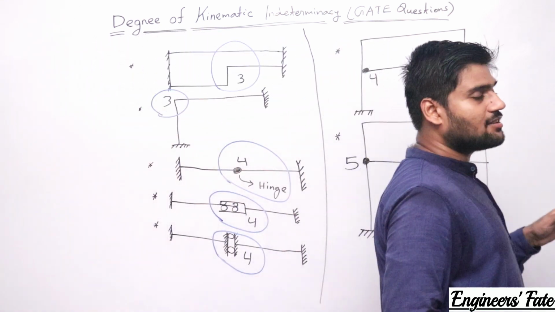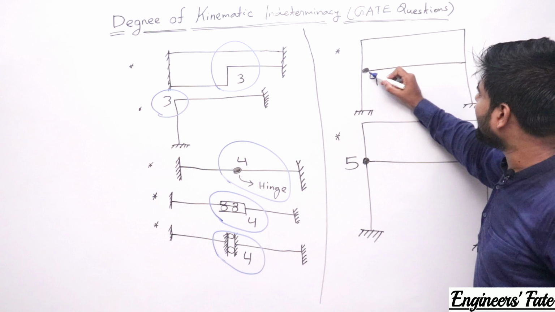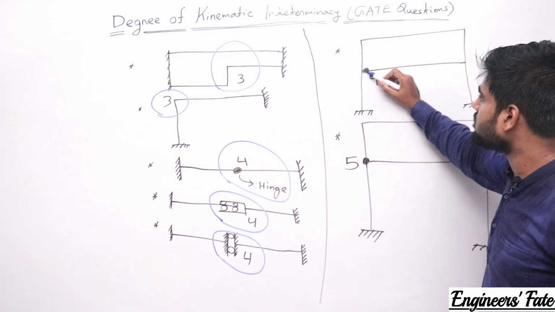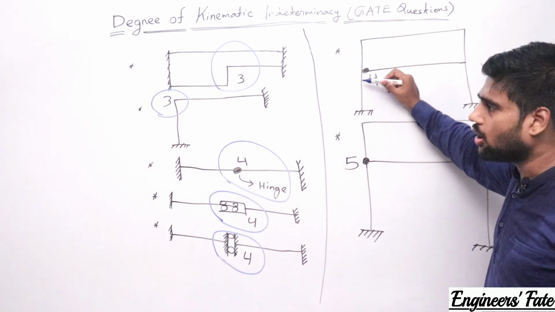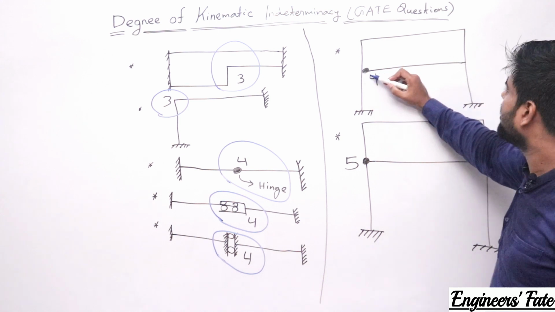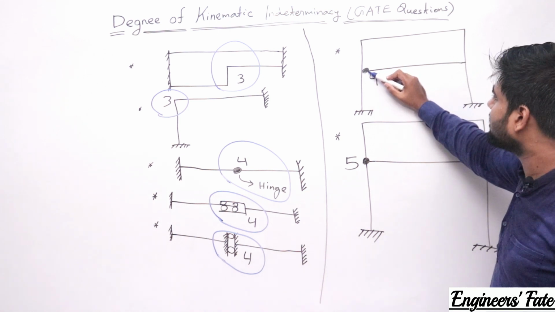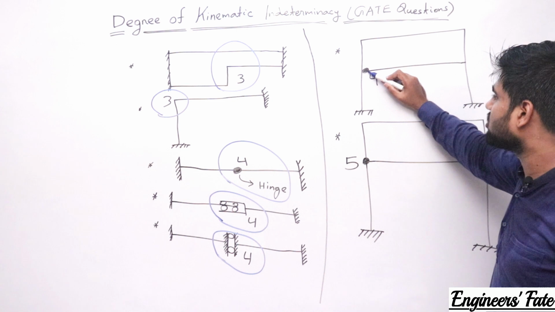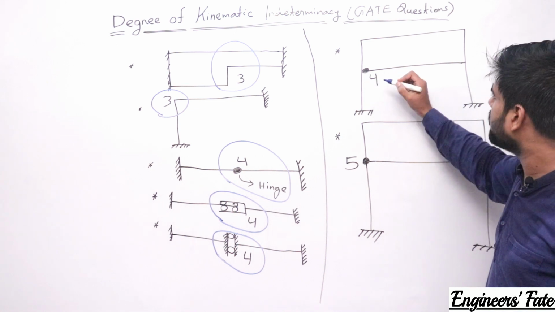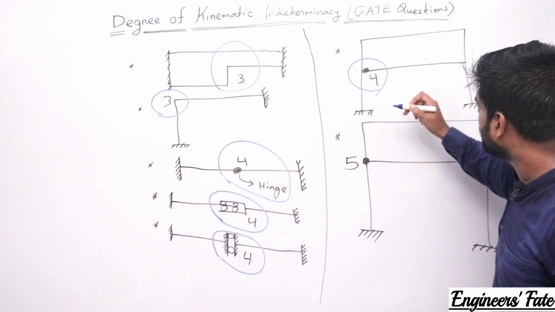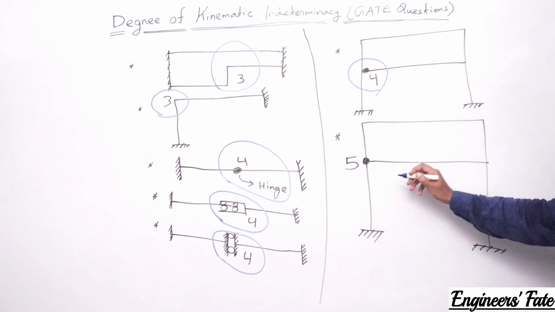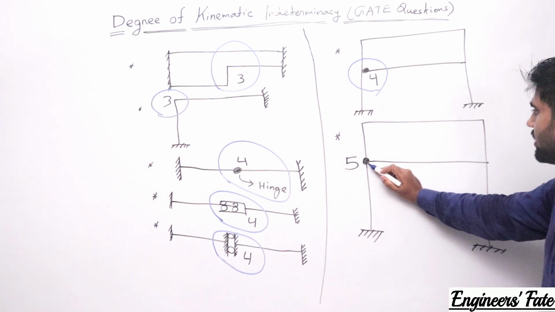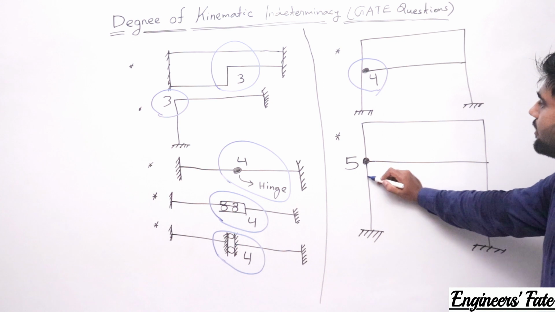So consider this as a frame. This is a hinge, but this hinge is not in the column. So here DKR is 4. But consider this case, here this is a hinge, but this hinge is connecting 3 members.